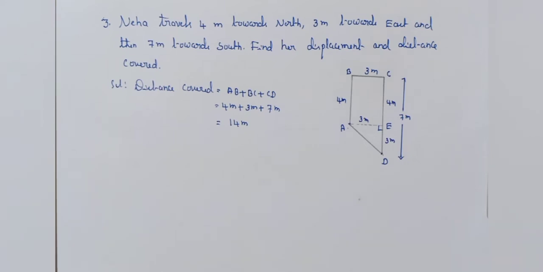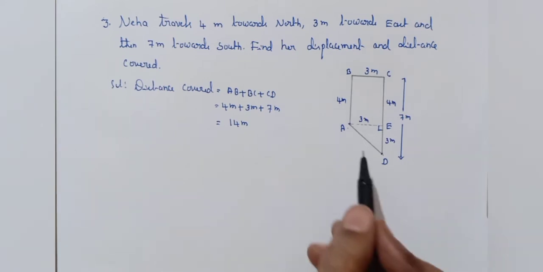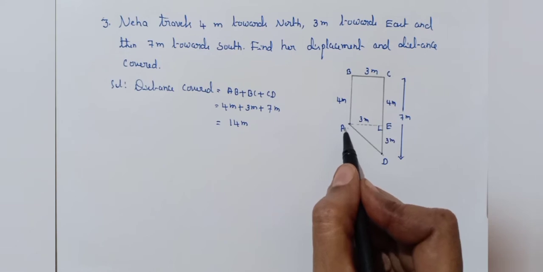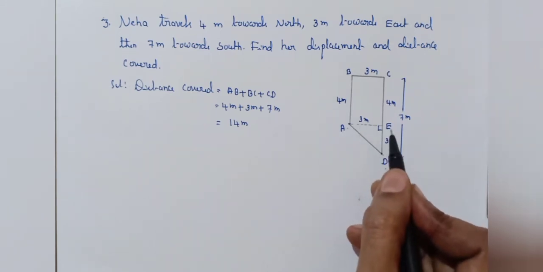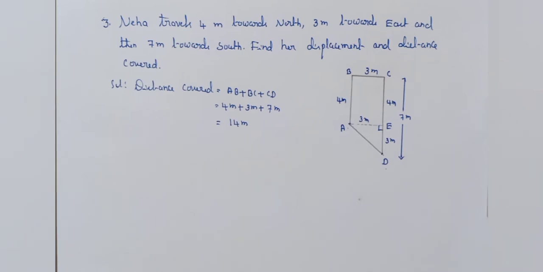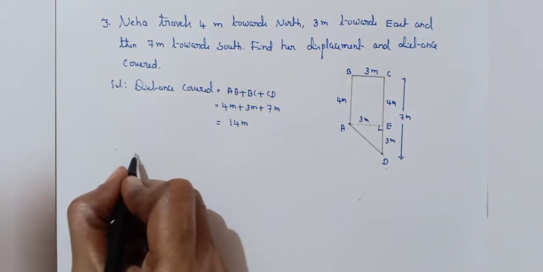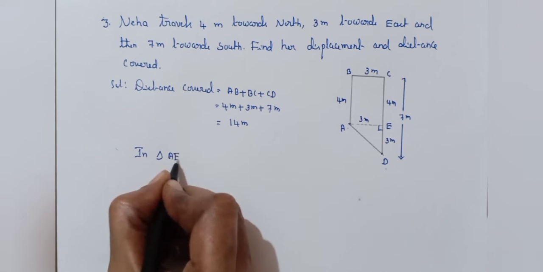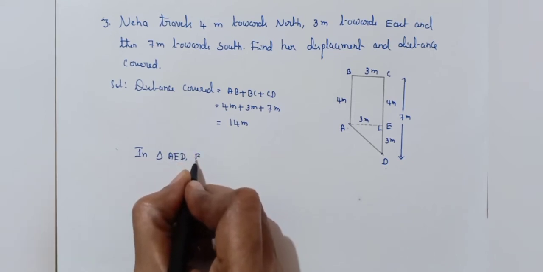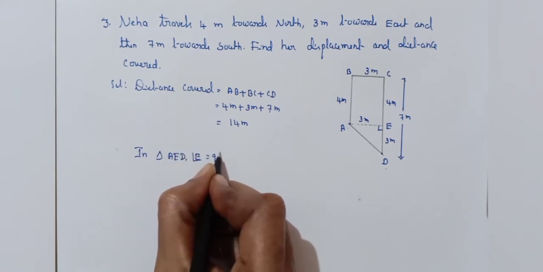Now find out the displacement. To find the displacement AD, we have to consider the right triangle AED. We know AE, we know ED. So by applying the Pythagoras, find out AD. In triangle AED, angle E is equal to 90 degree.